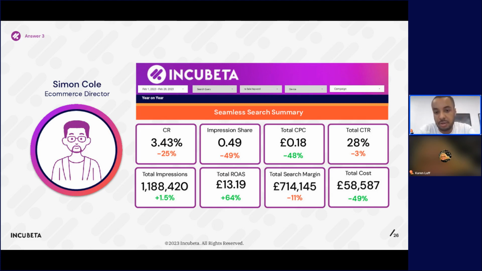And then also the total search margin was slightly down. However, you can see because the ROAS is up and the cost is down, that this was again a win. Sorry, I realized I got my words wrong there. The cost has gone down, and this was where we got the win for Seamless here.